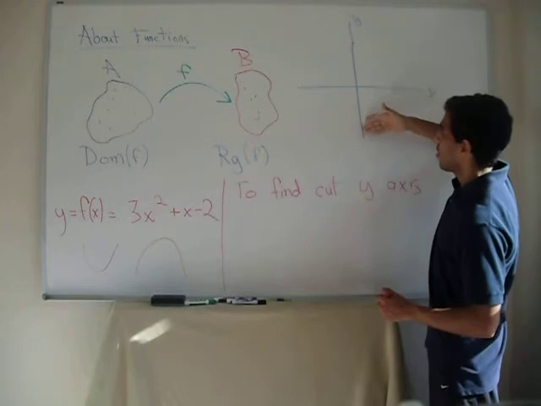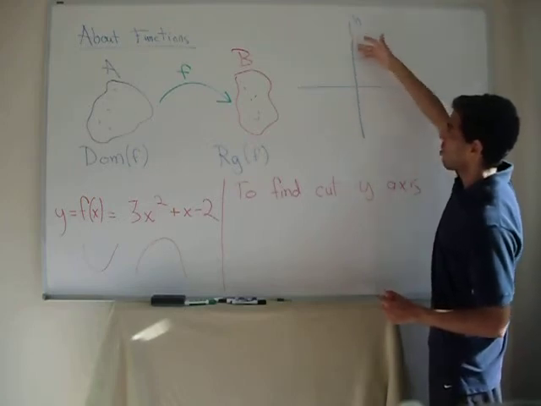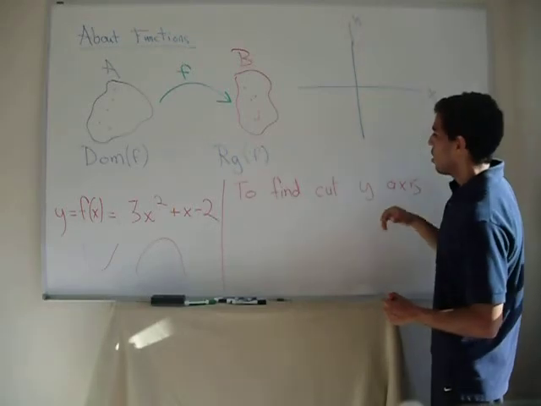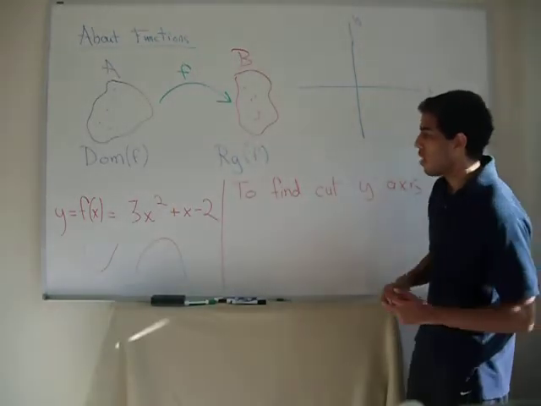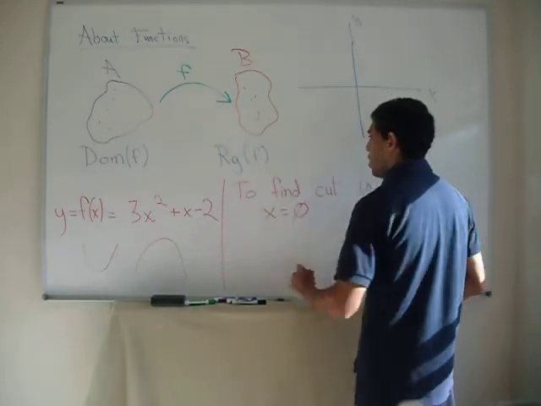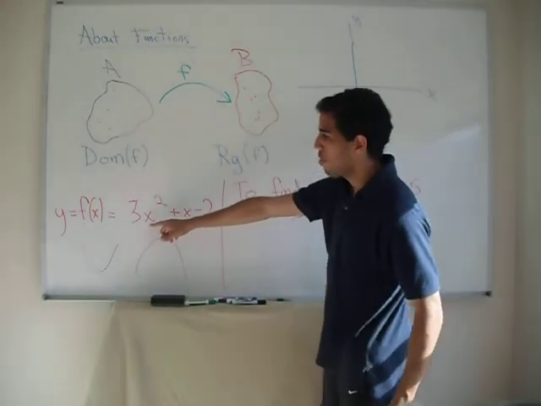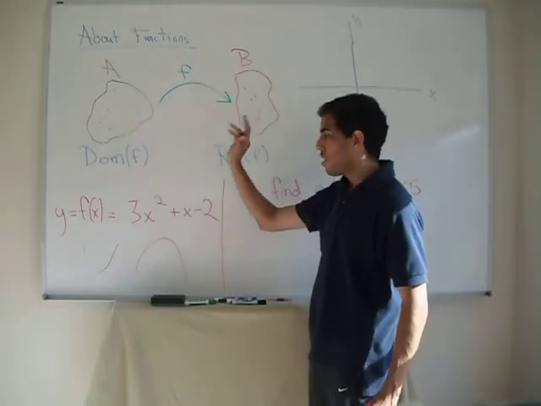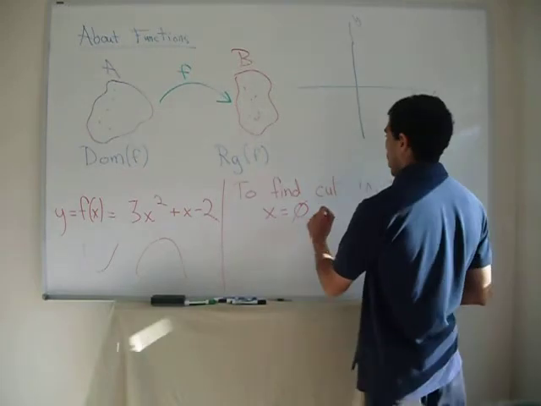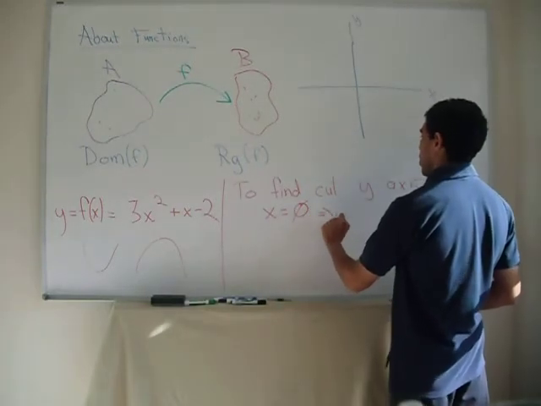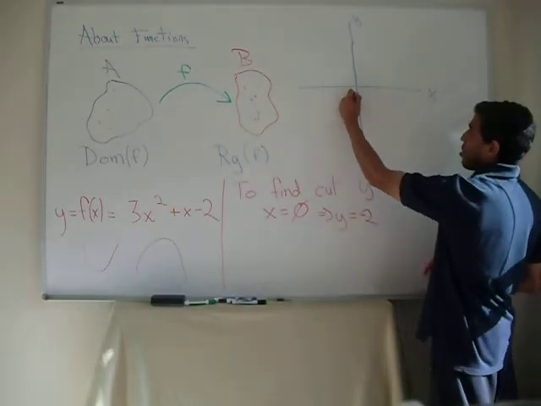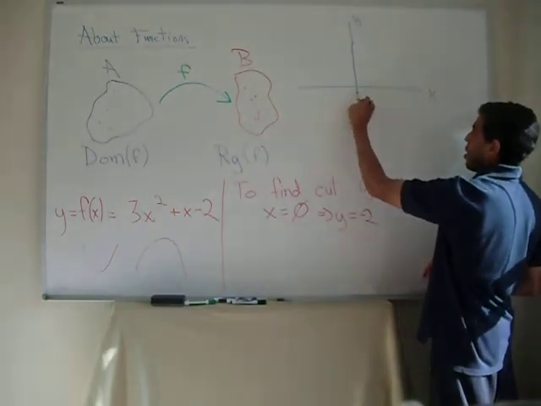On the x point of view, this is just 0. So if I make x equal 0, in this particular case, 0 squared goes away, 0 goes away, and I'm left with -2. So for x equals 0, I have y equals -2. It means that the intercept with the y-axis happens here, at -2.